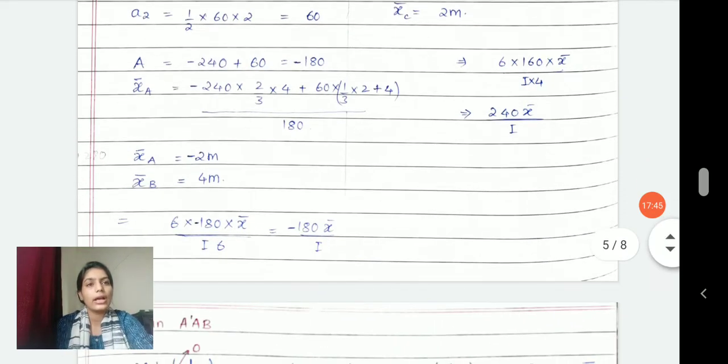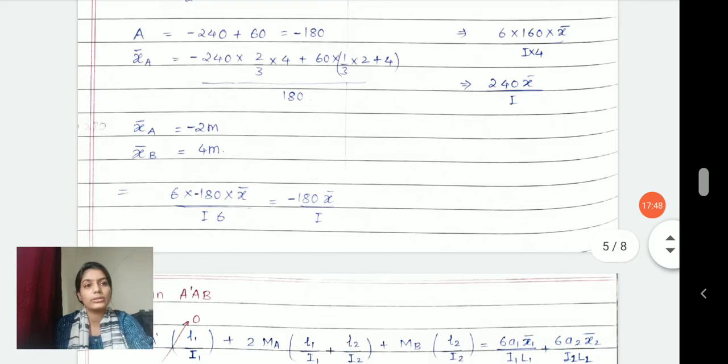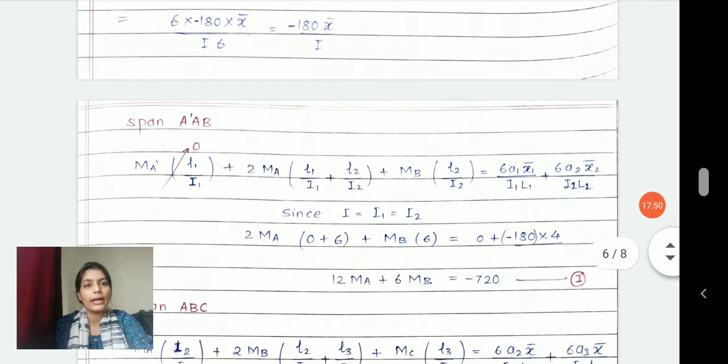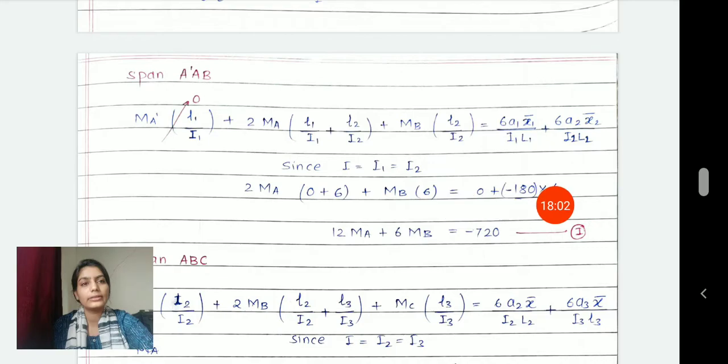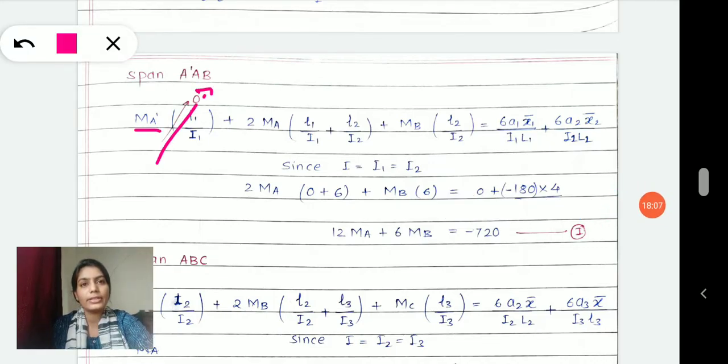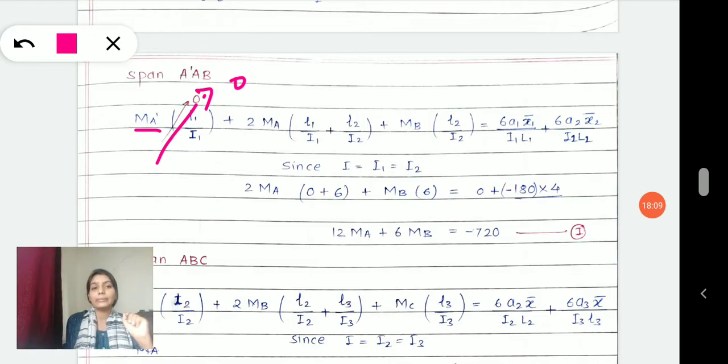Now go to the application part, where we will apply the equation of Clapeyron's theorem. In this equation, you have to put the values which we have already calculated. See here, moment at A dash, that I have written 0 because I know that is a dummy force, a dummy area.